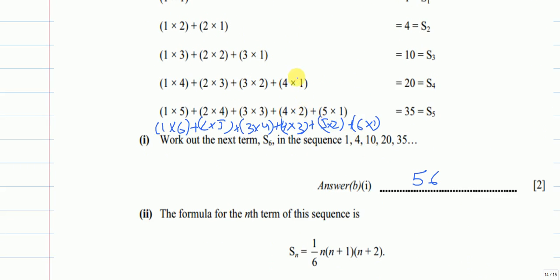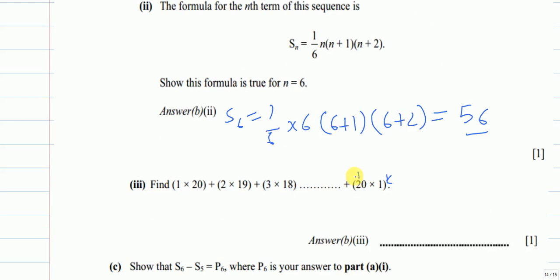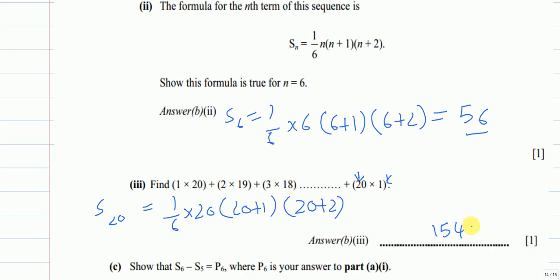They want the 20th term, right? So we'll say S20 this time. S20 is equal to 1 over 6 times 20 into 20 plus 1 into 20 plus 2, and you will get 1540.